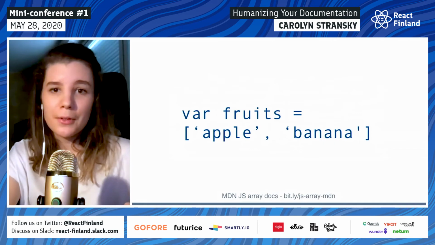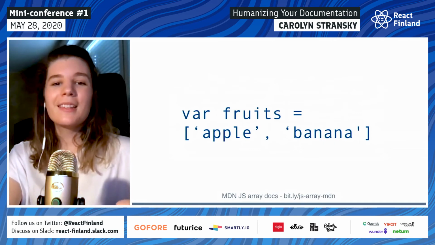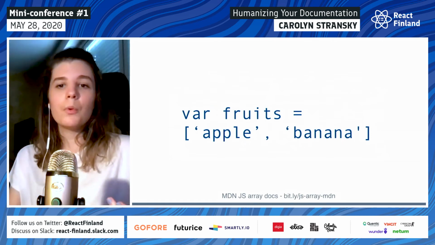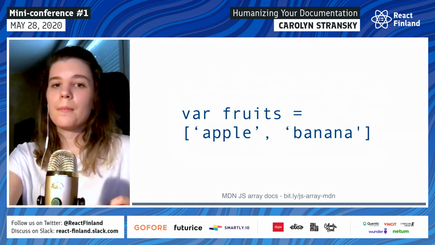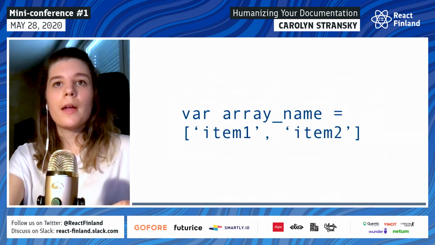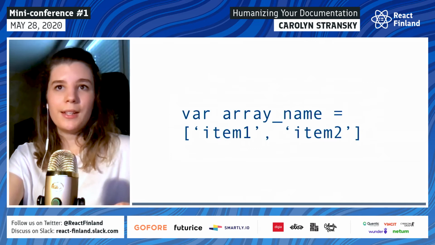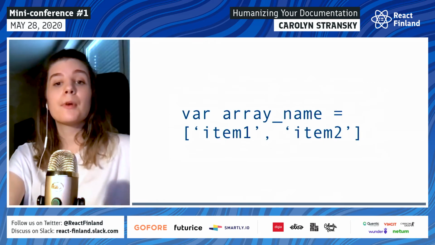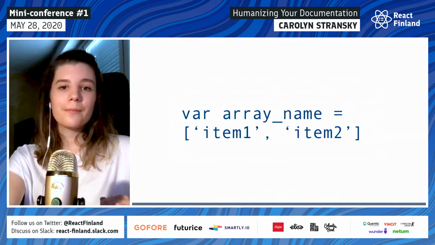I don't know, some sort of fruit, whatever I wrote on there. So this is descriptive and I understand what's going on, but we don't even need to take it that far. You could also name the array something like array name and then list item 1 and item 2. It's not the most creative, but at least it's promoting comprehension.